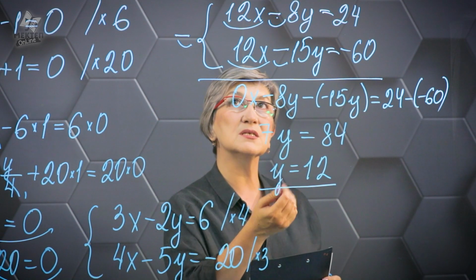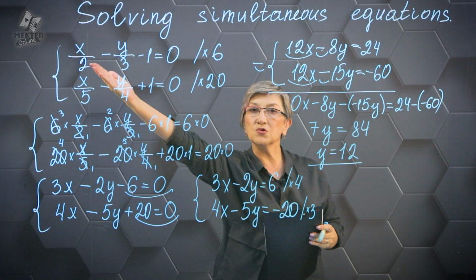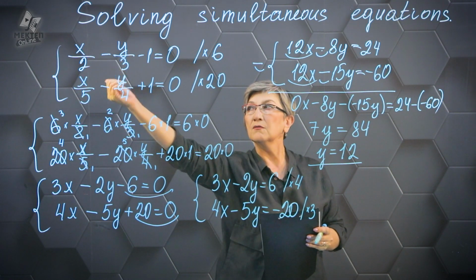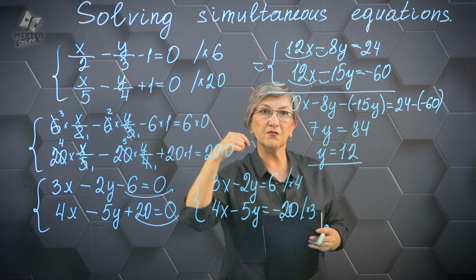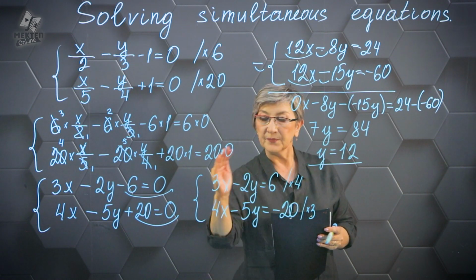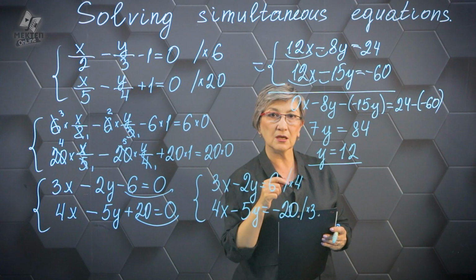Let's plug this value into any equation. Would you like us to return to the first equation? To the second equation? However, I believe we should go back to this system and substitute the value of y.